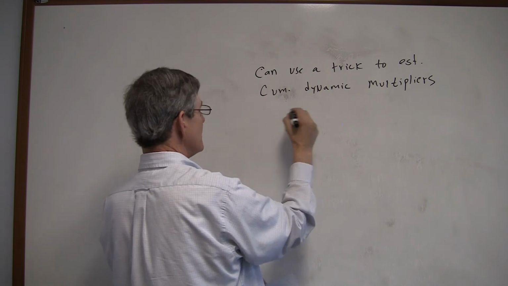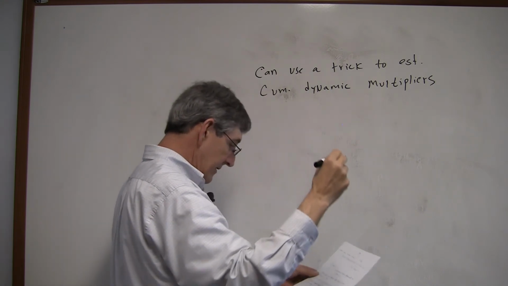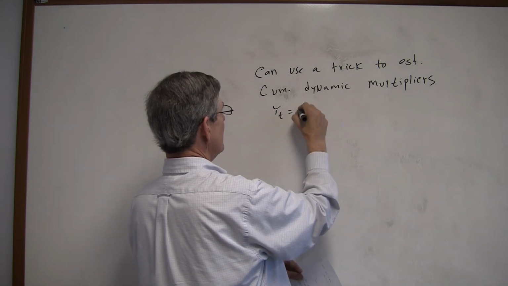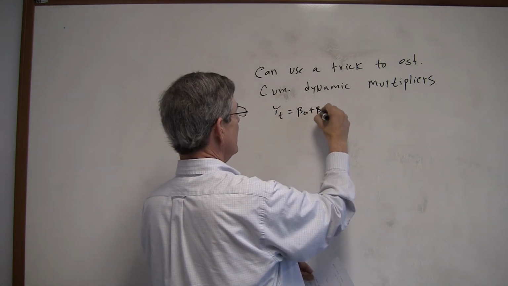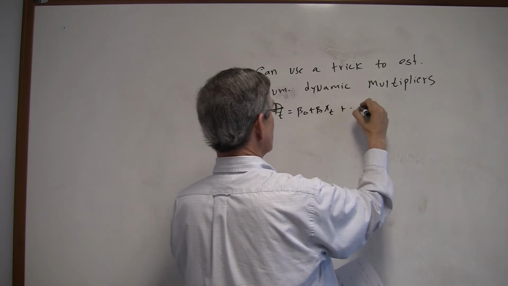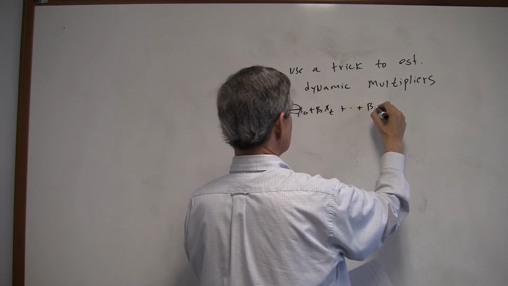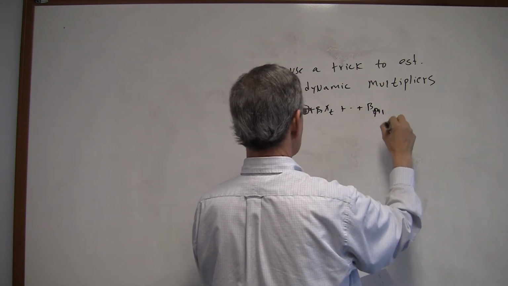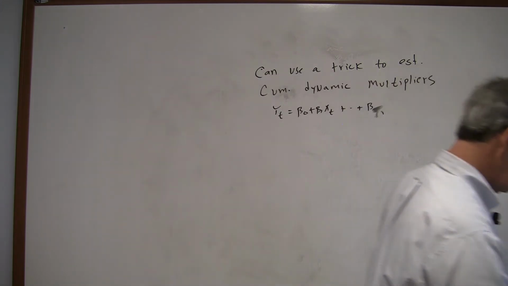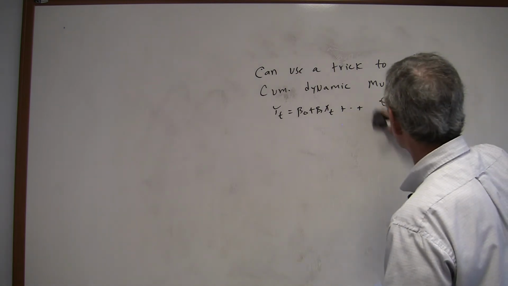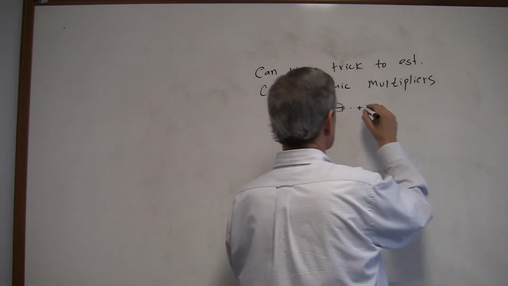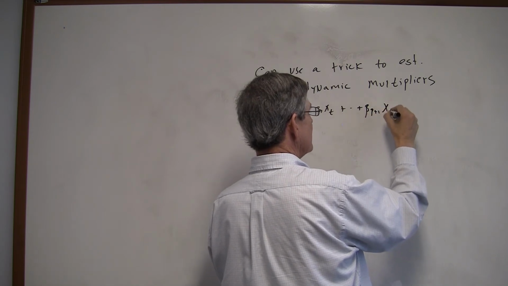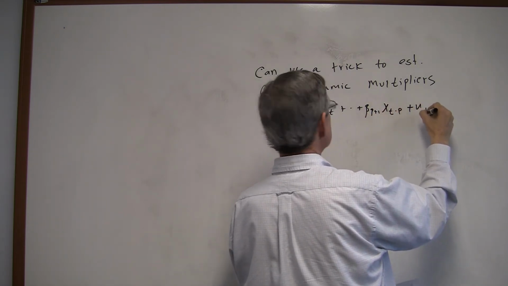Earlier, let me just go back. Earlier I said, suppose our model is the one we're going to use here: beta 0 plus beta 1 xt plus and so on, beta p plus 1 x t minus p plus ut.